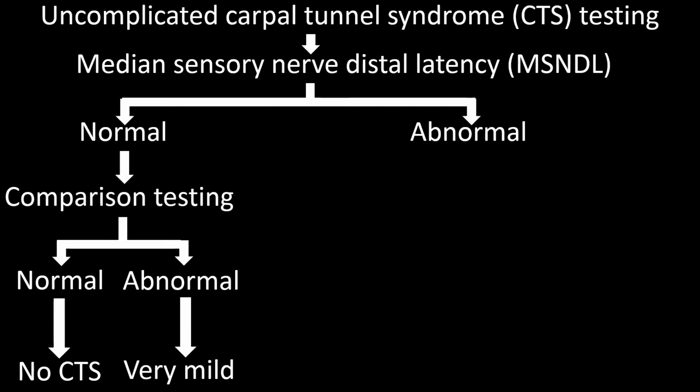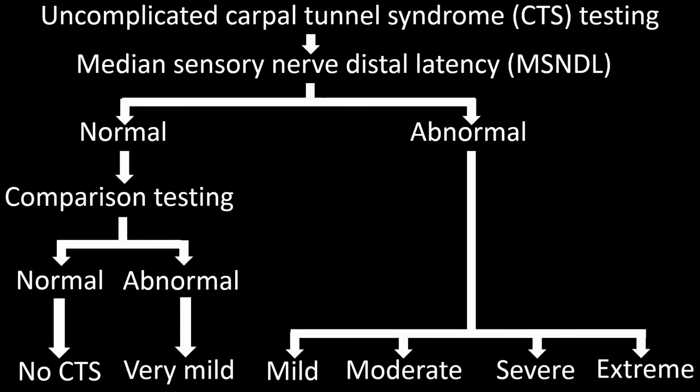The presence of a normal median sensory nerve distal latency and two abnormal comparisons establish the electrical carpal tunnel syndrome is very mild. On the other hand, in the presence of an abnormal sensory nerve distal latency, the severity of carpal tunnel syndrome has a very wide range.